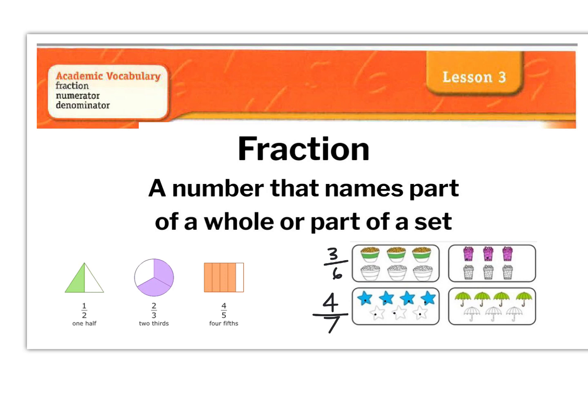Here we have 6 presents, and 3 of the presents are shaded in. And again, here we have 7 umbrellas, and 4 are shaded in, so 4 out of 7.